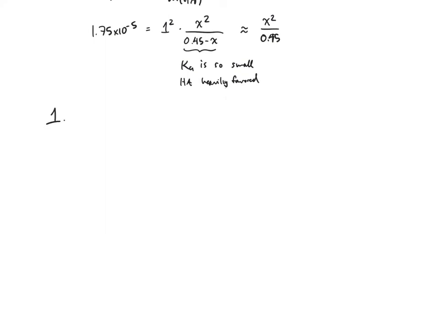So step number 1, assuming that this activity coefficient equals 1, if you rearrange this stuff algebraically, you get x squared equals 1.75 times 10 to the negative fifth times 0.45. And then you solve for that by multiplying those and taking the square root. You get x equals 2.806 times 10 to the negative third.